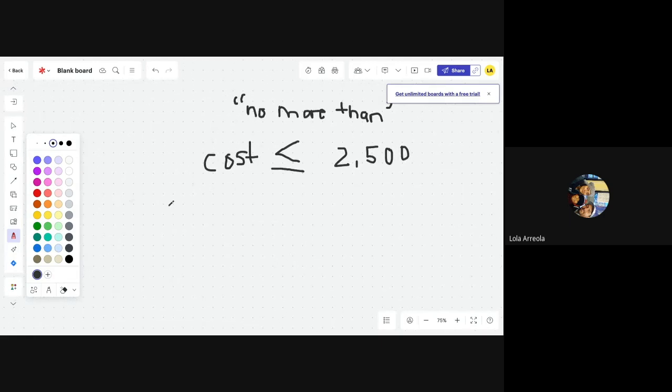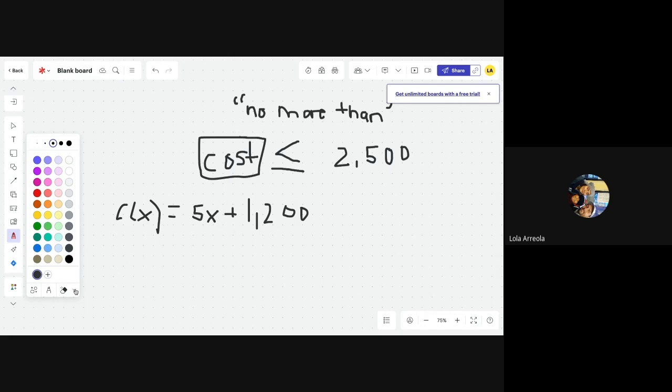Yeah, we know our cost function. C of x is equal to 5x plus 1,200. So I know this is my cost function, so I can replace cost with just the function, the equation that's given to me.